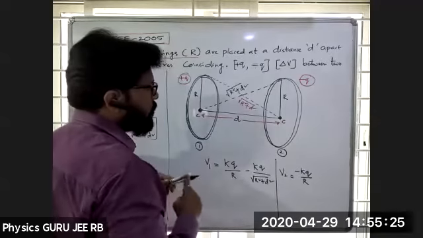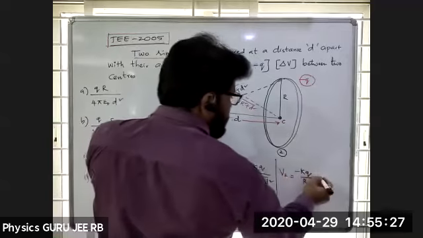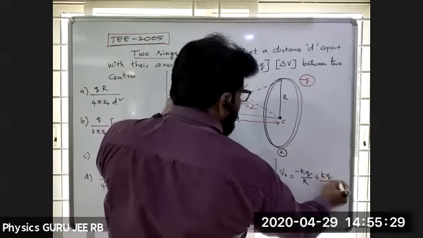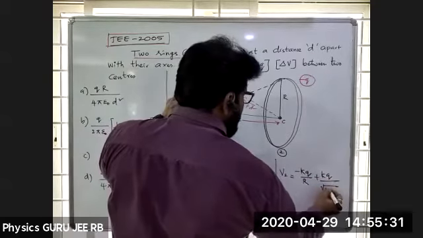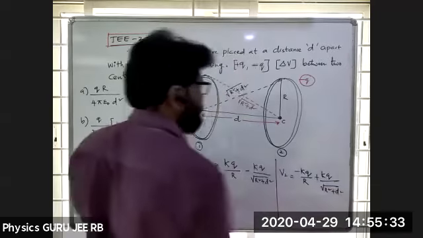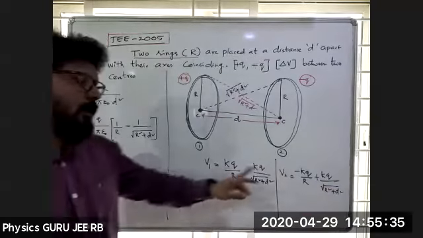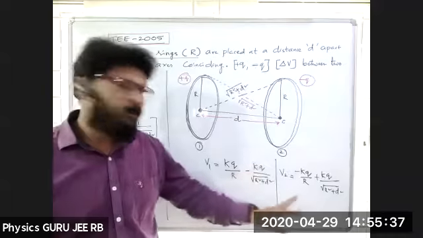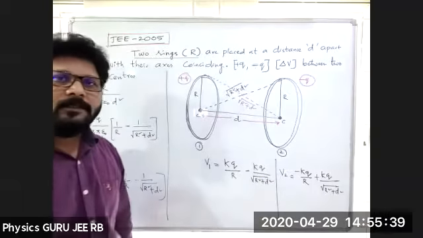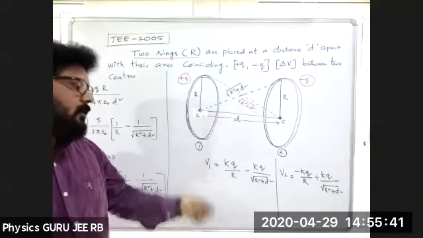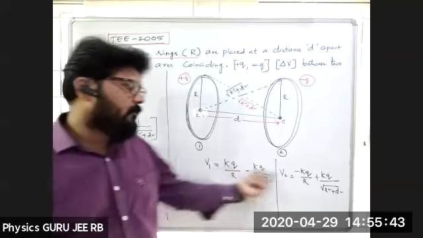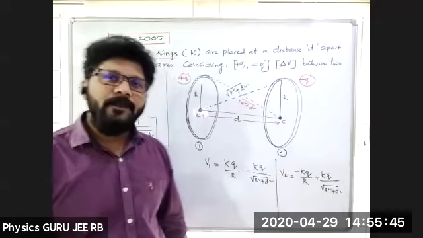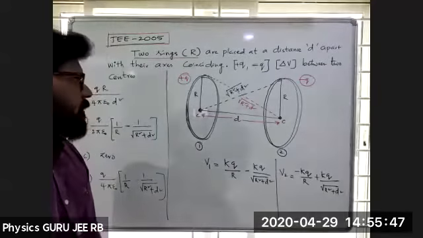So I'll write plus KQ divided by the square root of R square plus D square. That's all, V1 and V2. We want the potential difference between the two centers, that is V1 minus V2.